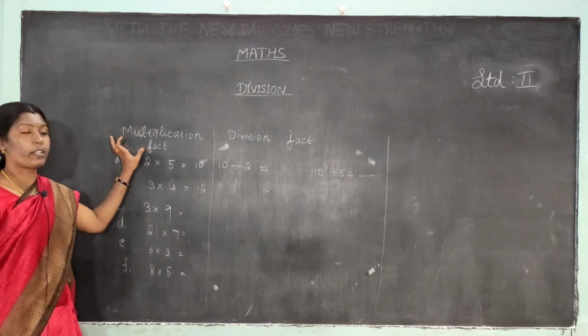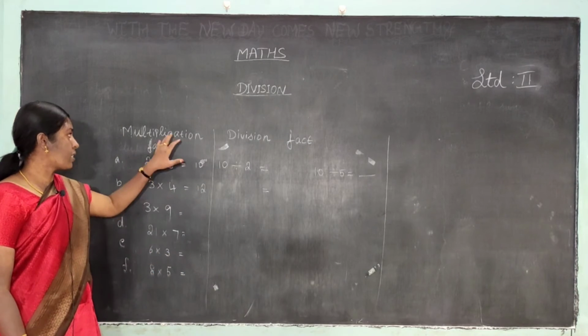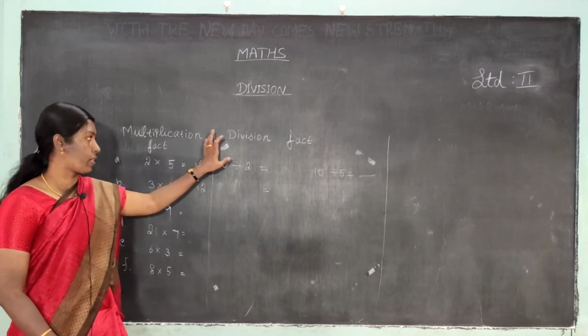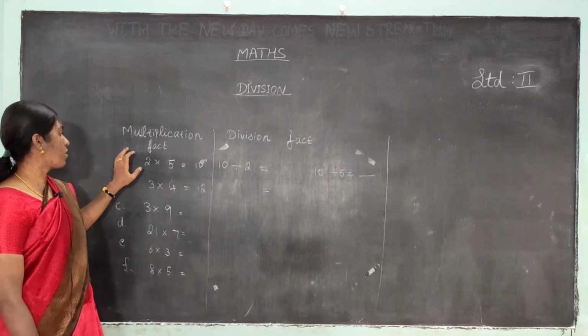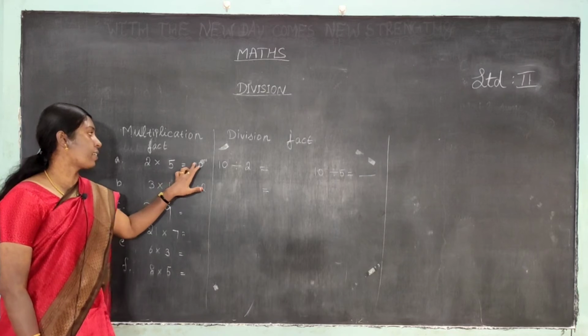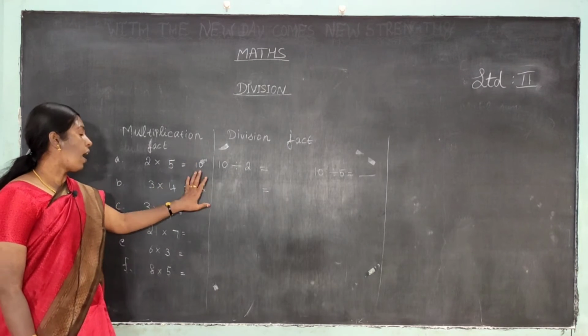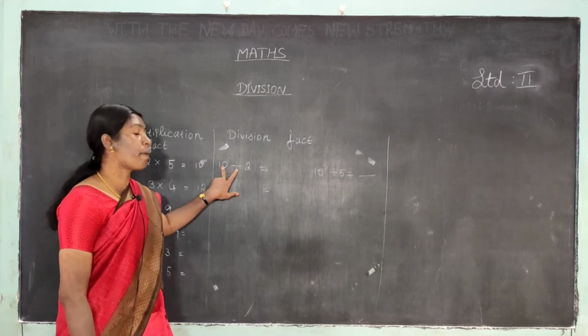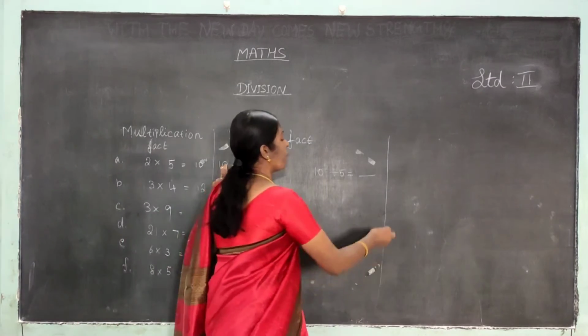Here we are going to do the sum, that is the relation between multiplication and division. Just you see here 2 into 5, that is 2 5s are 10, and when you divide 10 by 2, what will come?